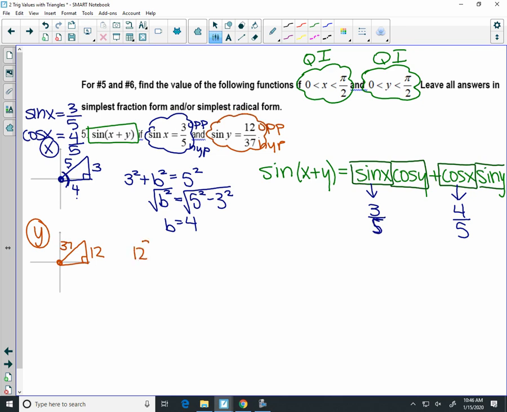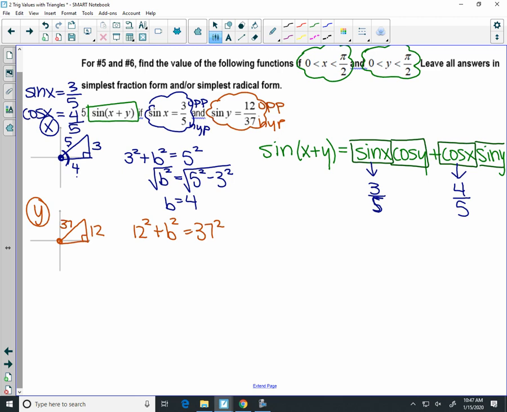12 squared plus b squared equals 37 squared. And then you're just going to subtract over that 12 squared and take the square root, or whatever order you like to do that in.